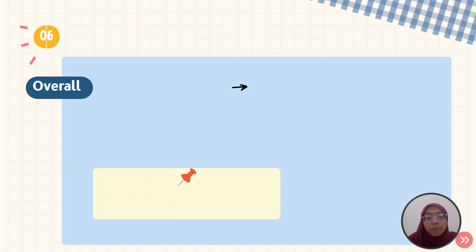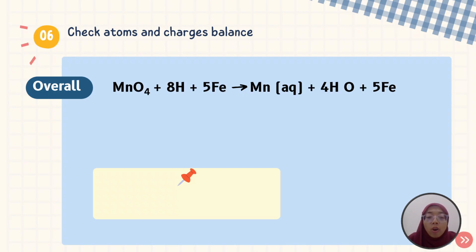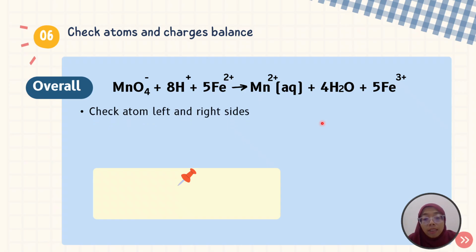Next is step number 6. Step number 6, check the atom and charge balance. So for the overall reaction, MnO4 minus plus 8H plus plus 5 Fe2 plus, producing Mn2 plus plus 4H2O plus 5 Fe3 plus. Let's check the atoms for the left and right side.